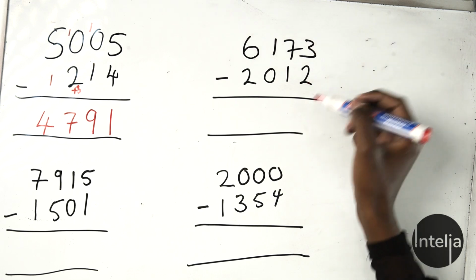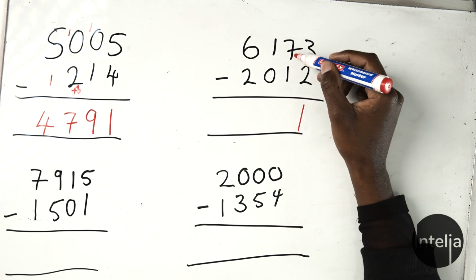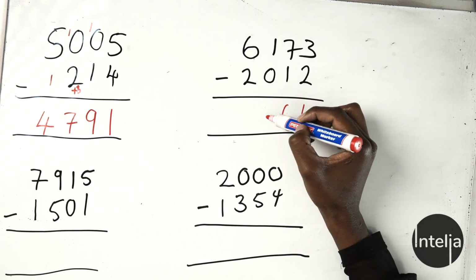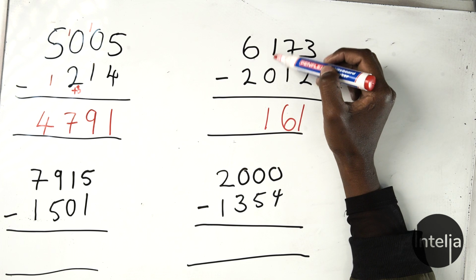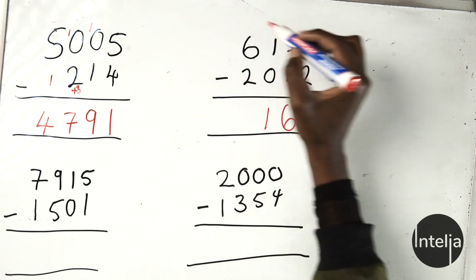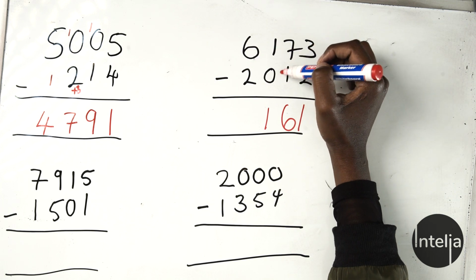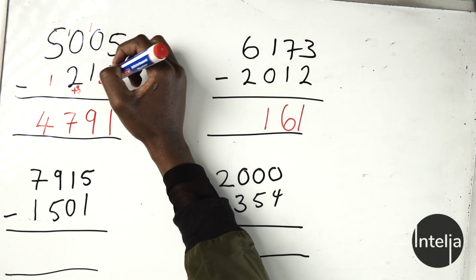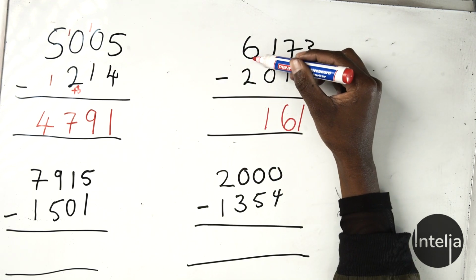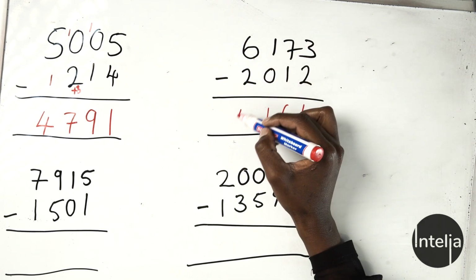We move on to the next one. 3 minus 2, that's 1. 7 minus 1, that's 6. 1 minus 0, that's 1. You see, this one, 1 minus 0, is different from 0 minus 1. I can subtract a 0 from 1, but I cannot subtract a 1 from 0 without borrowing. You see the difference? So here, 6 minus 2, that's 4.